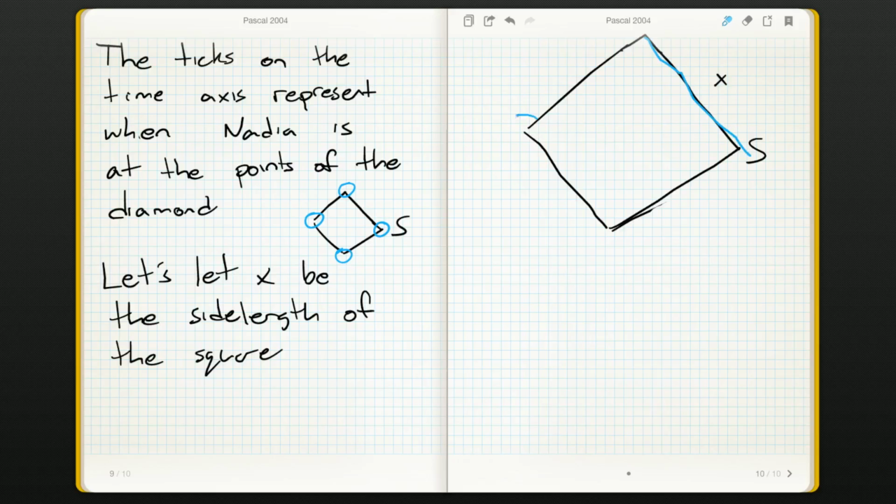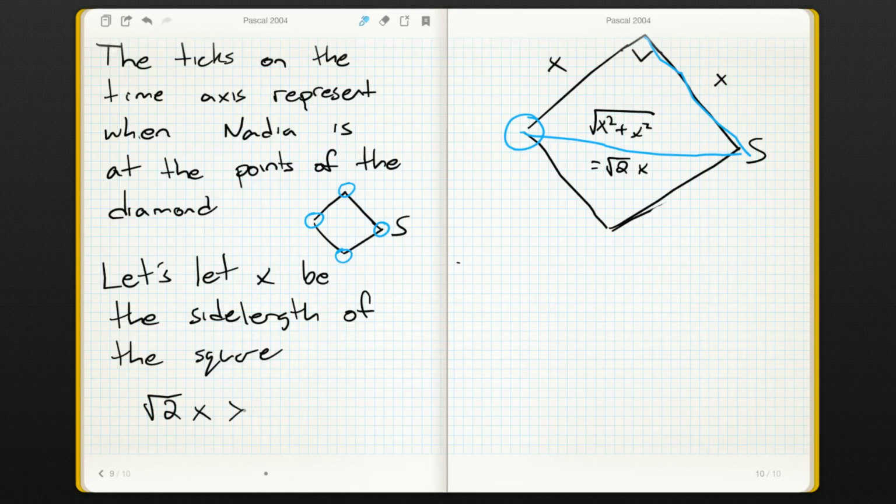But if now I want to calculate this distance from there to S, it's going to be a straight diagonal. And we got X over here, we have a right angle here. So this distance is going to be the square root of X squared plus X squared by the Pythagorean theorem. That simplifies to 2X squared, so we're going to get root 2 times X.